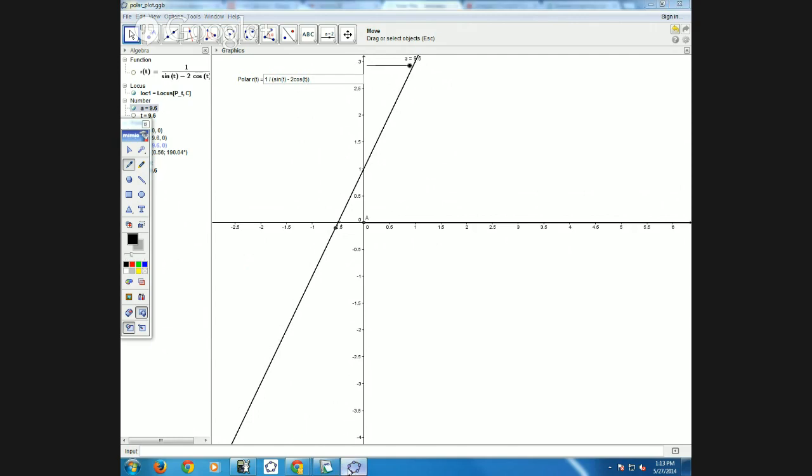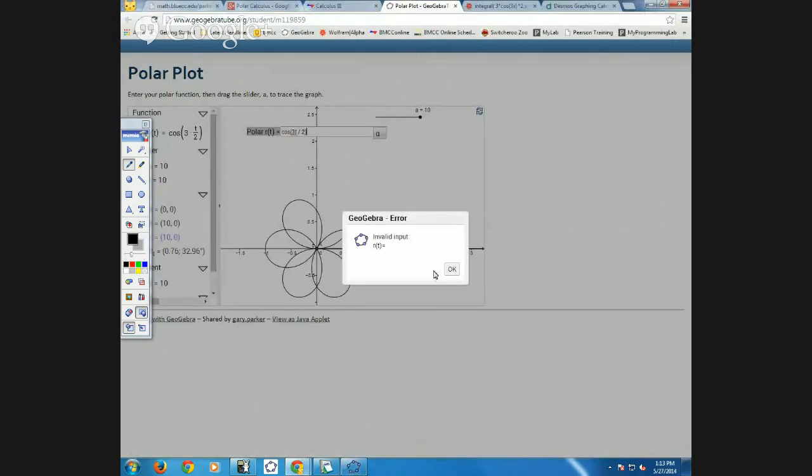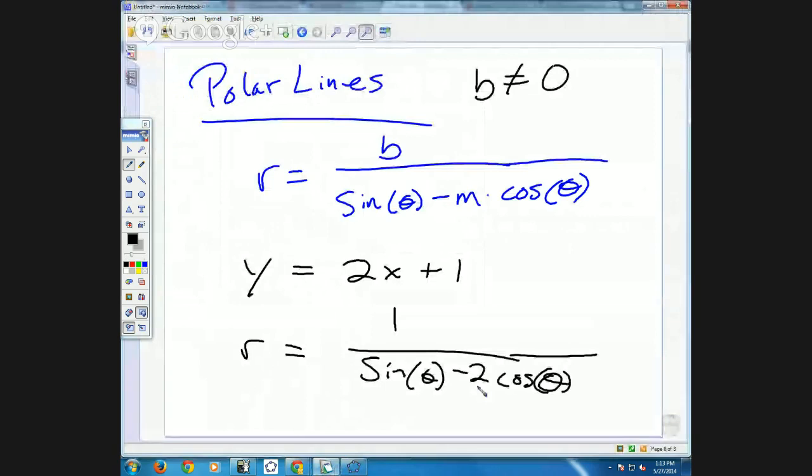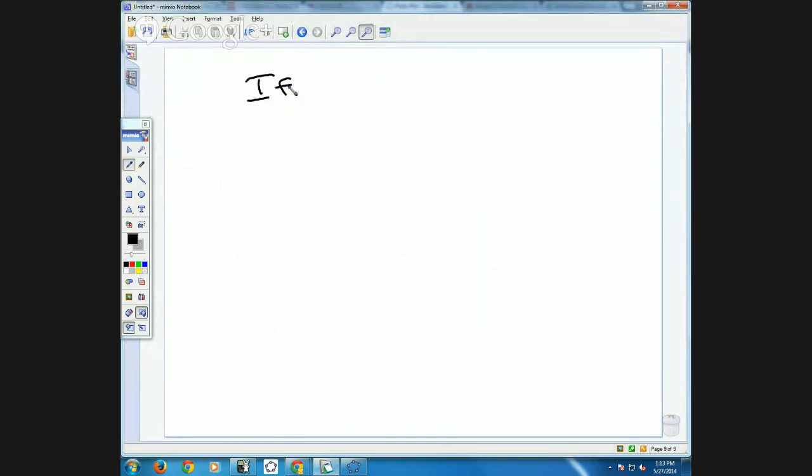All right. So we'll play with more polar lines in a minute. So we know how to get a line in polar now, except what if the line goes through the origin? B is 0, right? We better take a quick look at that. If B equals 0, then y equals mx. Let's see.